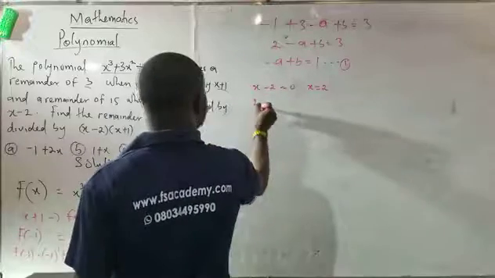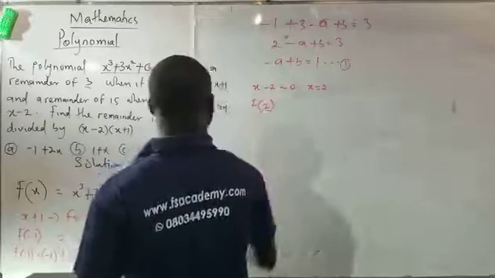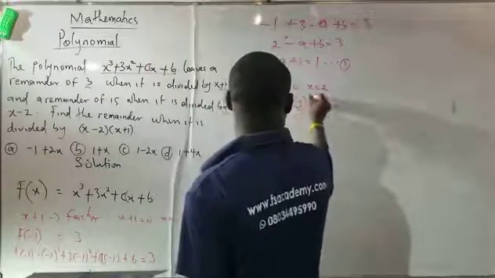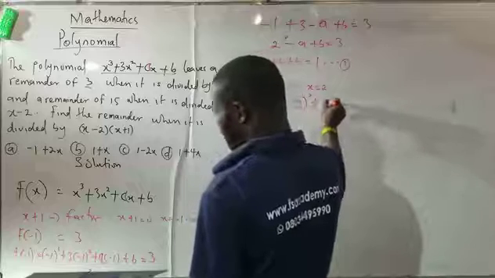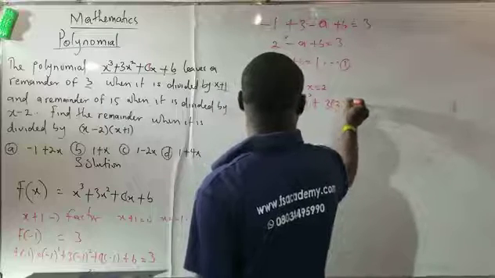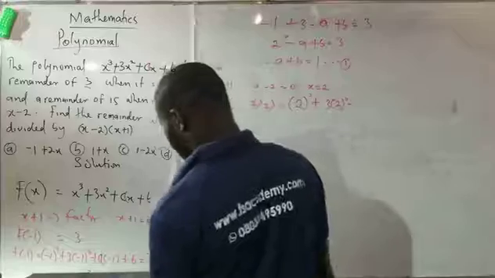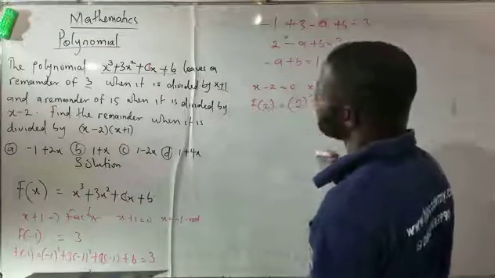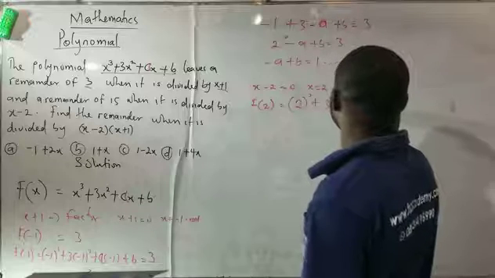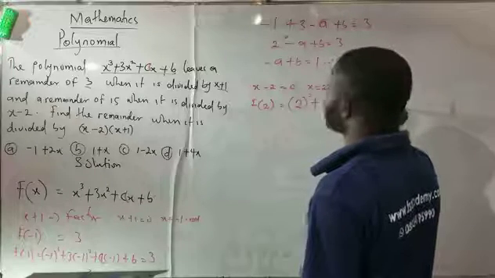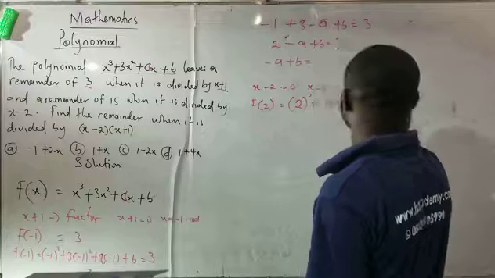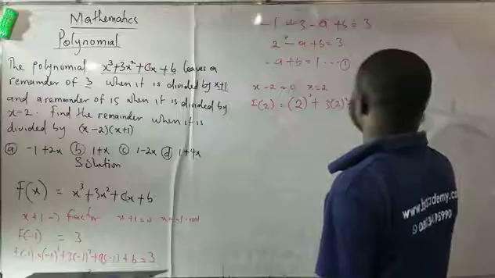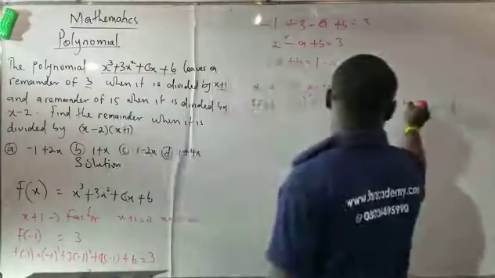It means f of 2 will be 2 raised to the power 3 plus 3 times 2 squared plus a times 2 plus b, and it will leave a remainder of 15.